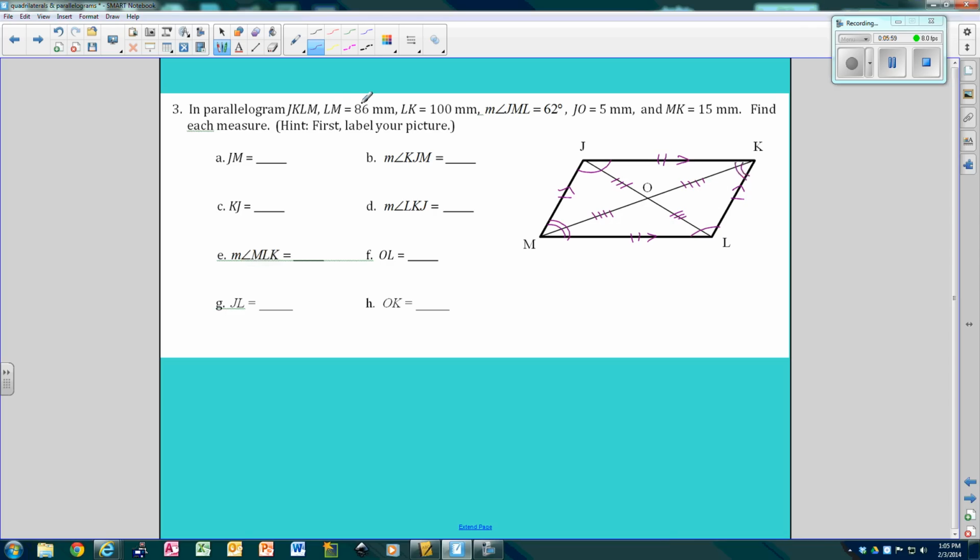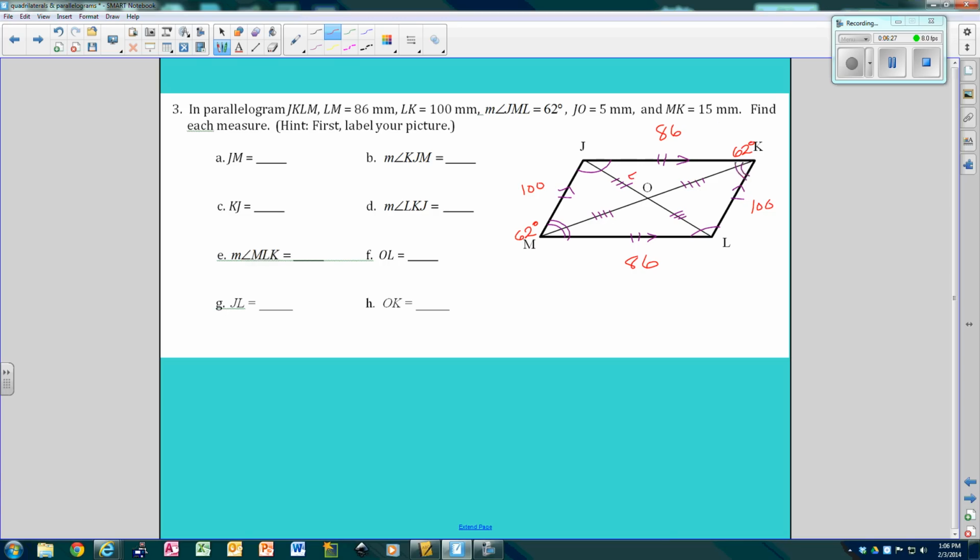So now let's just put these numbers in. LM is 86, so if that's 86, then JK is 86. LK is 100, so JM is 100. Angle JML, this whole angle, is 62 degrees, so this angle over here is also 62 degrees.